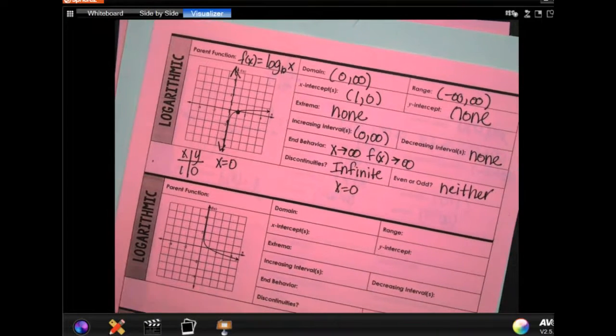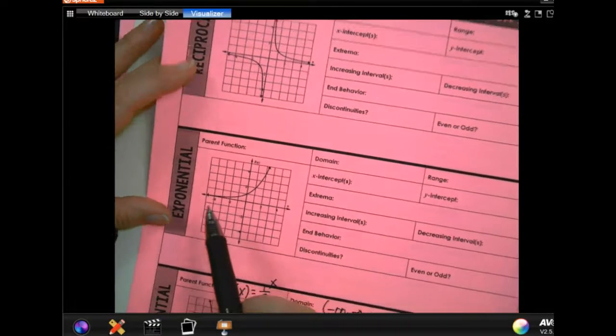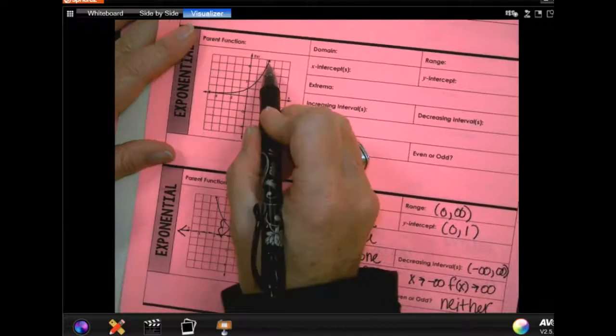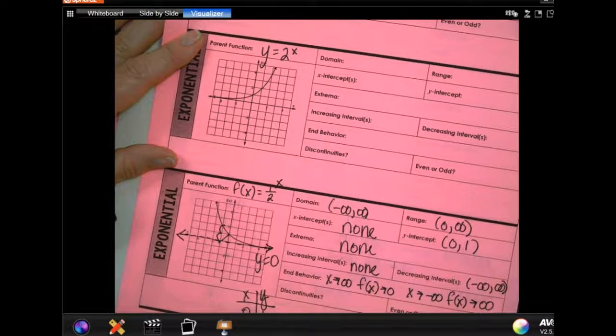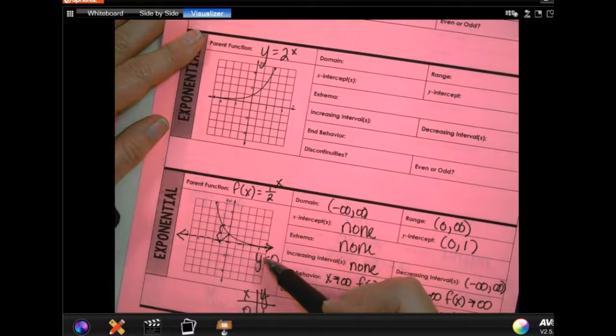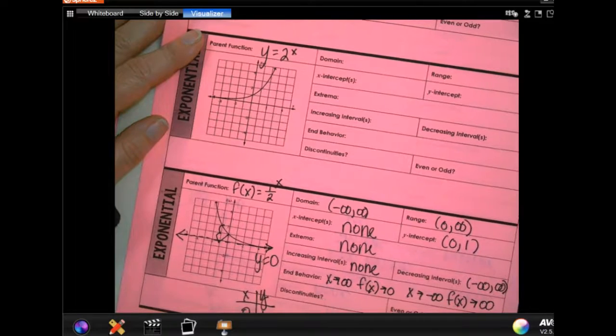So when we talked about the exponential yesterday, when it was exponential growth, it went up this way, and the base was 2 to the x. What did I do to show that it was decreasing? What did I do to the 2? I made it a fraction, right?